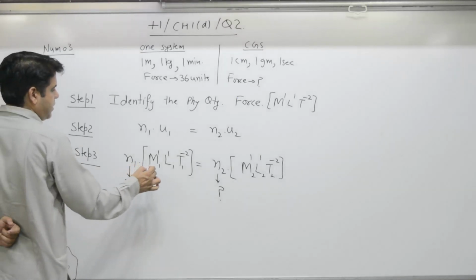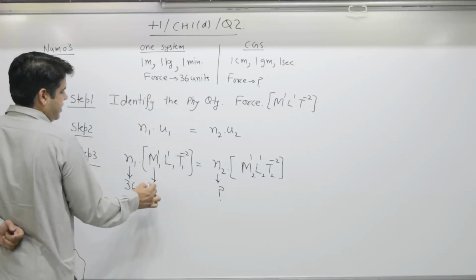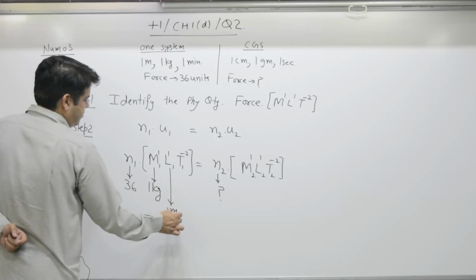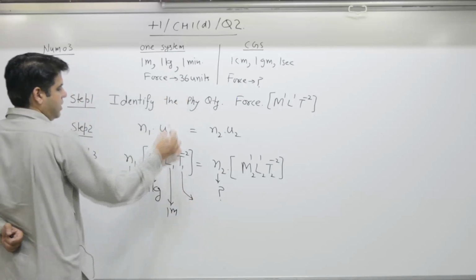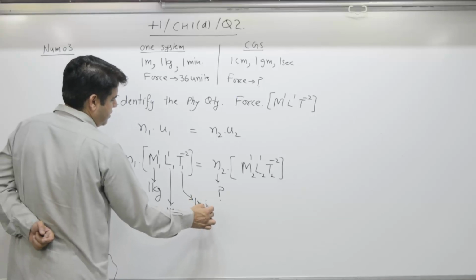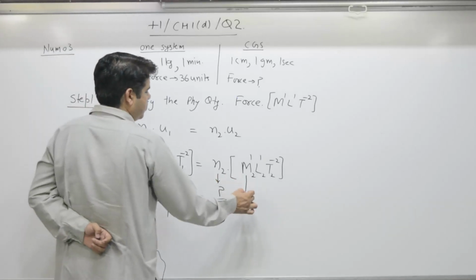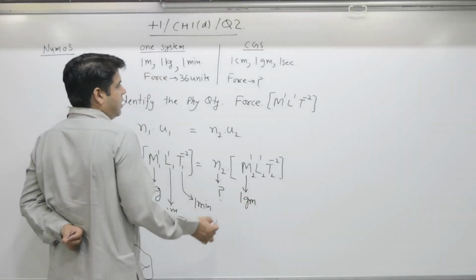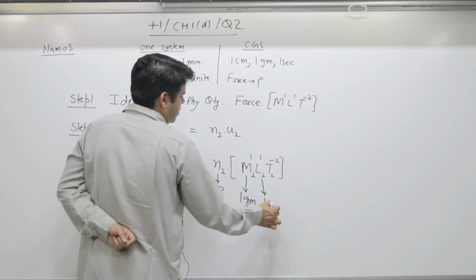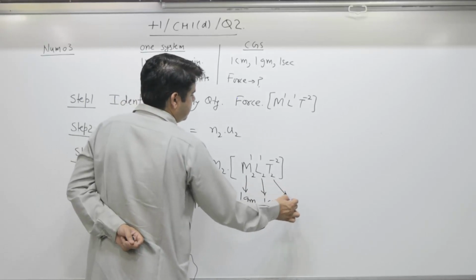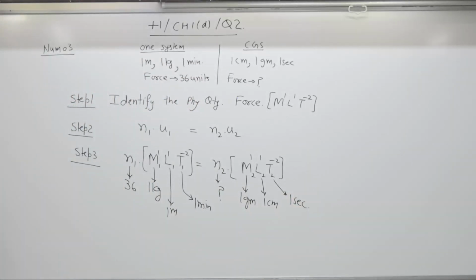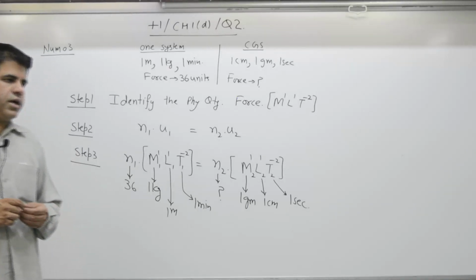M1 is mass in system 1, kg, length in system 1, meter, time in system 1, minute, mass in system 2, 1 gram, length in system 2, centimeter, time in system 2, 1 second. Now try 2 minutes more.